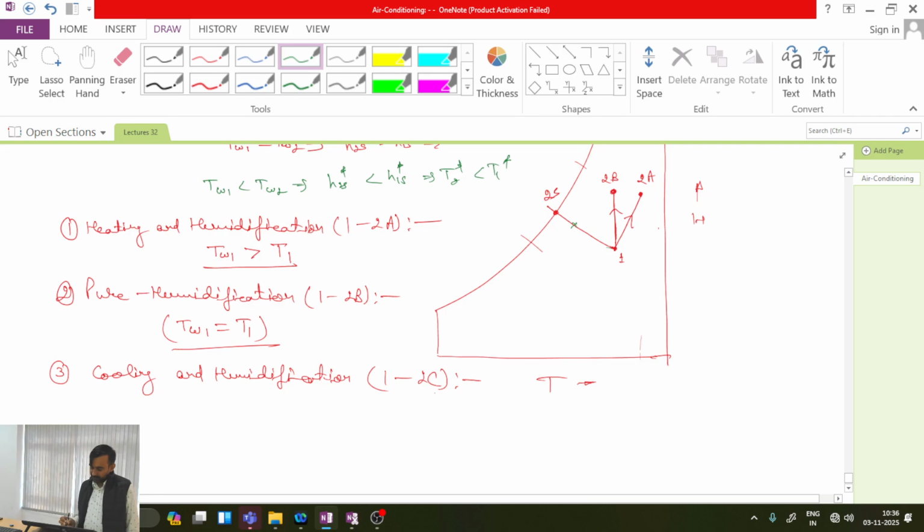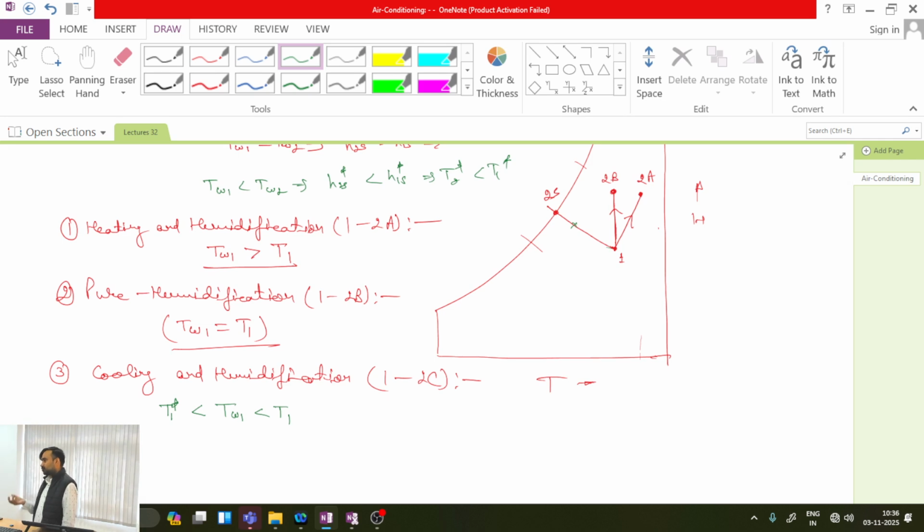Let us consider that for this cooling and humidification process, TW1 is less than T1, but it is greater than T1 star. What is the meaning? The meaning is the water temperature is in between the dry bulb temperature and the wet bulb temperature.